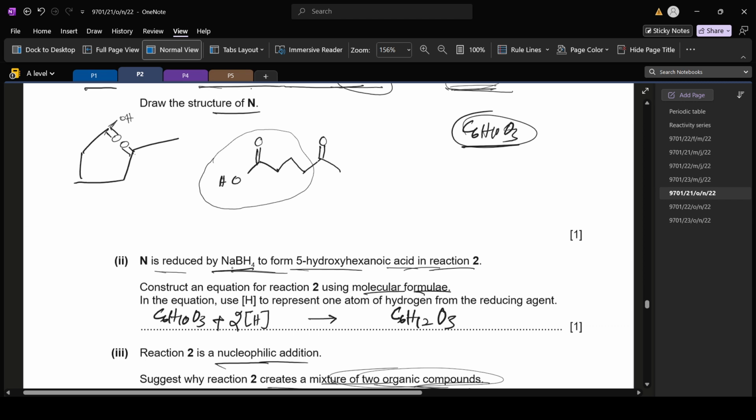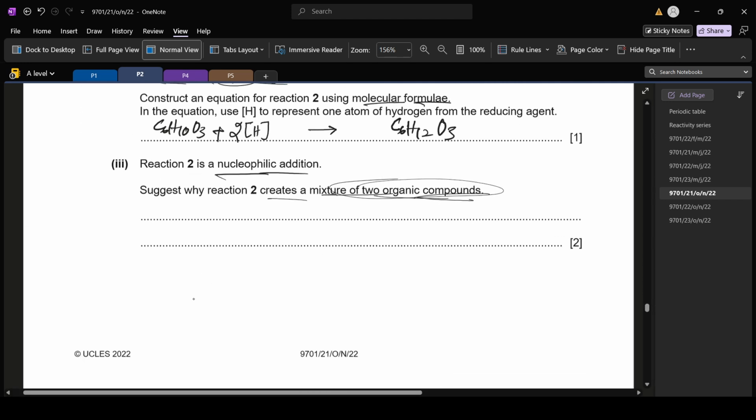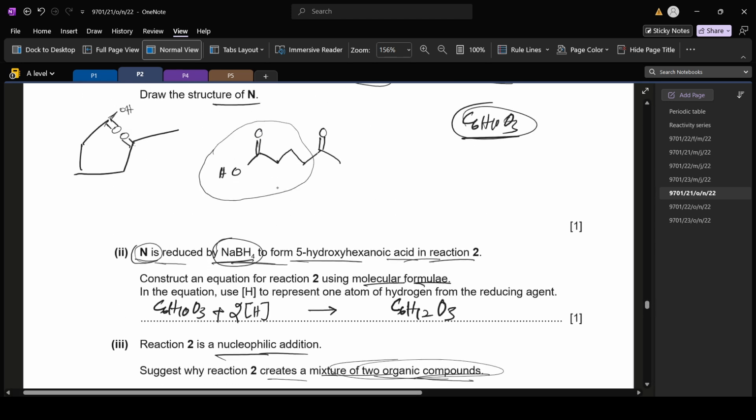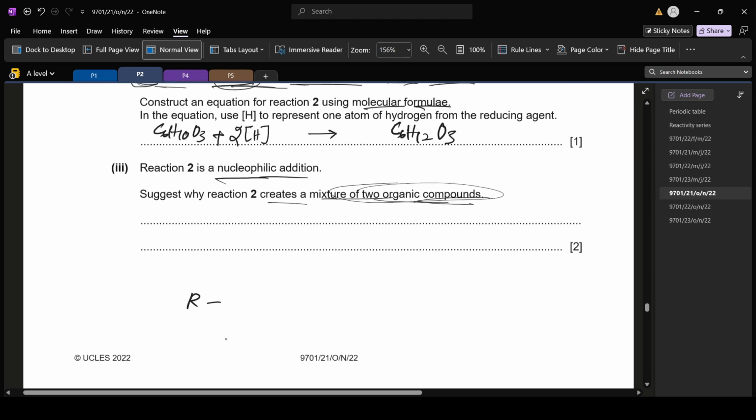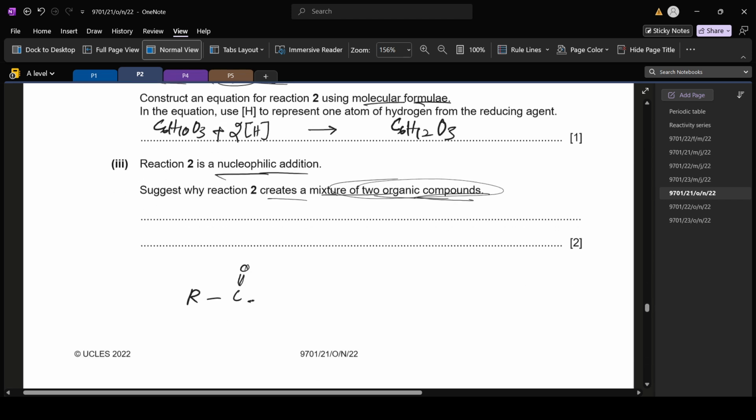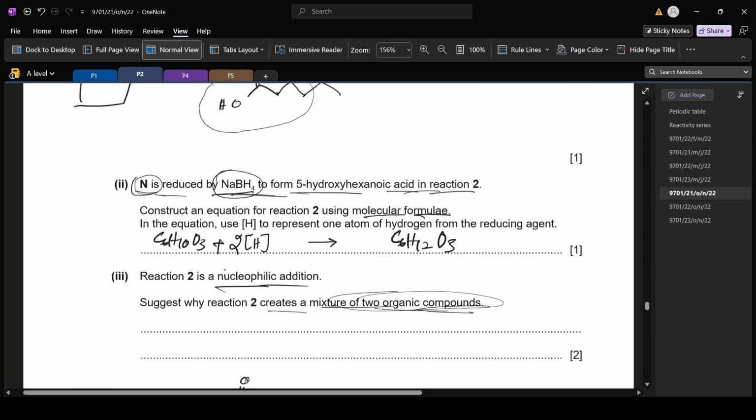If I write this part as R, then the carbonyl, and then you have CH3.